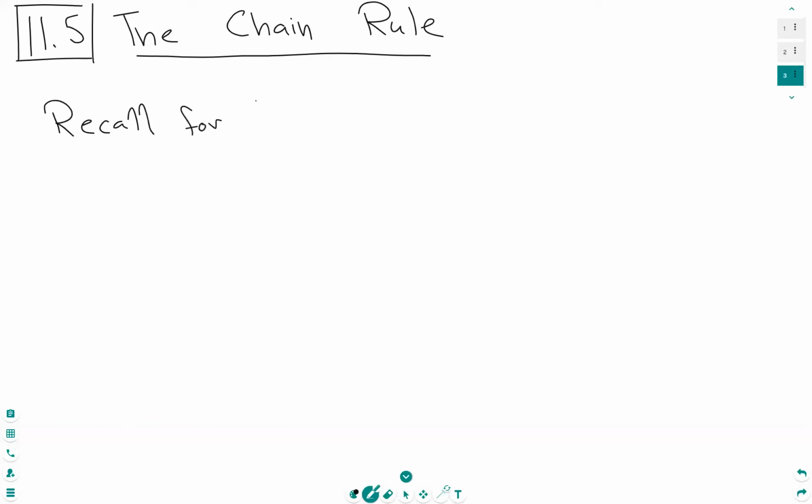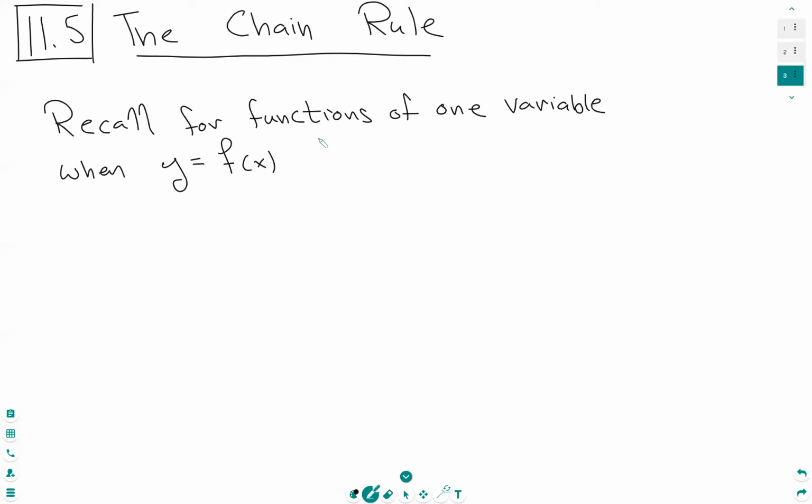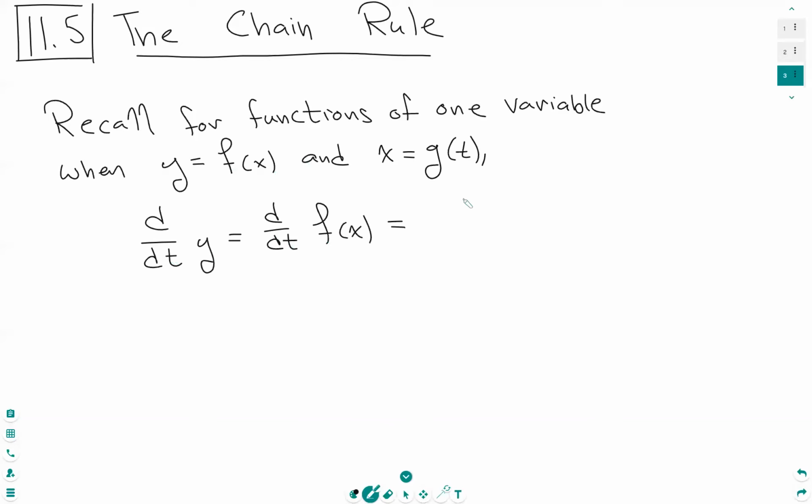Recall, for functions of one variable, when y is equal to f of x and x is equal to a function g of t, if I wanted to take d dt of y, this was d dt of f of x, which in turn is d dt of f with the function g of t inside of it. And this is how we learned how to do the chain rule in Calc 1.